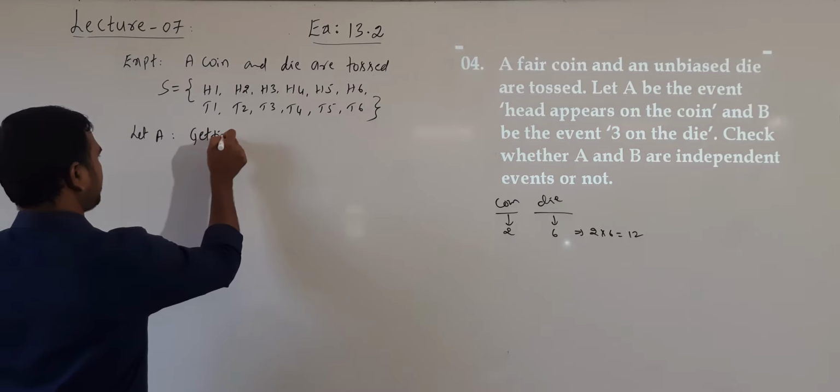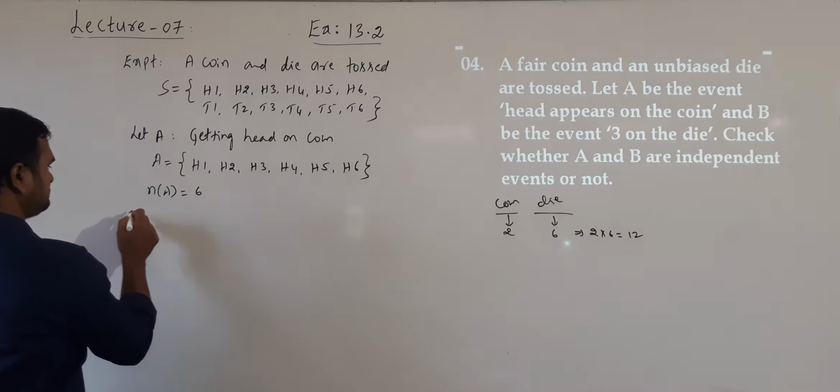So what will be the outcomes in favor of A? It is head on the coin. Whatever be the result on die, we are interested in getting head on the coin: H1, H2, H3, H4, H5, H6. So N of A is 6.